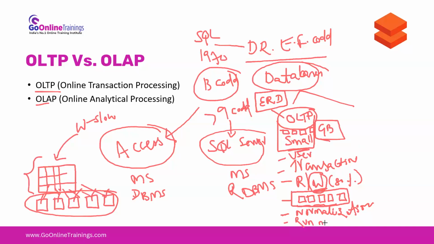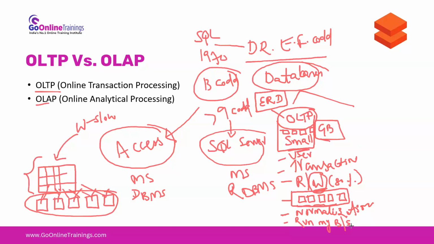For example, State Bank of India is an OLTP application, right? If you use PhonePe, that is an OLTP application. Whatever application you use as an end user, maybe Java, .NET, Android or SAP, that will be an OLTP application.